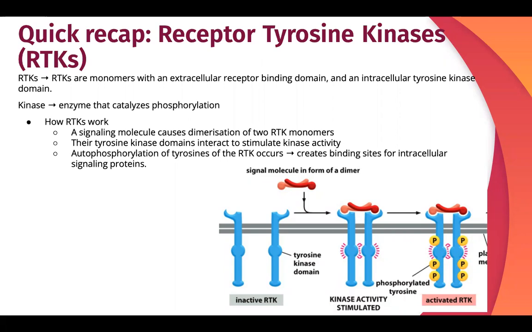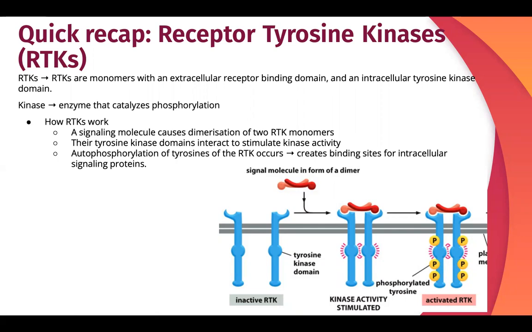So in this picture specifically, right up here is our external receptor, and down here is our intracellular tyrosine kinase domain. The kinase is the enzyme that catalyzes phosphorylation. So I think of it, kinases stick phosphates to things, which we've learned is a good way to activate or inactivate. It's a post-translational modification.